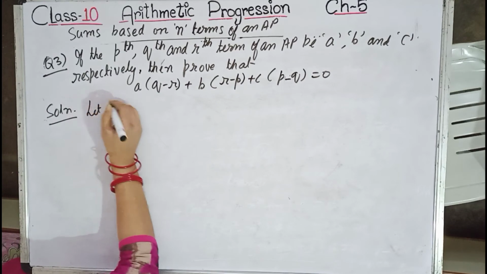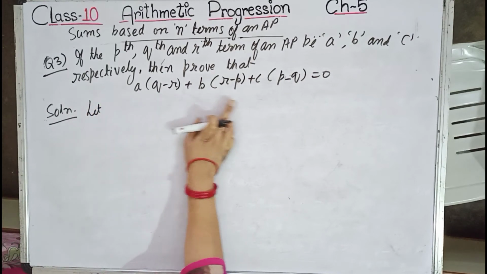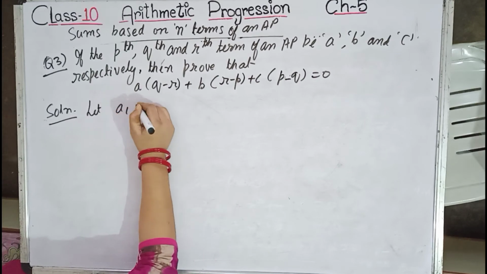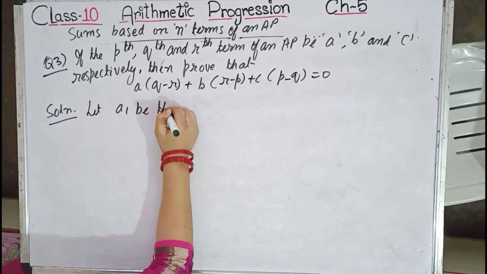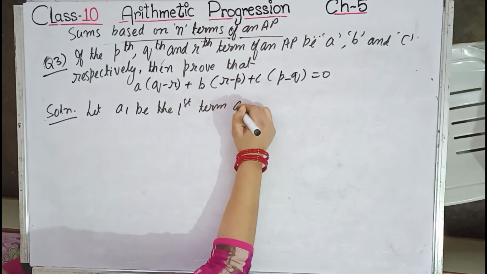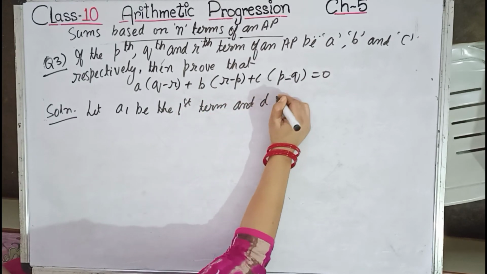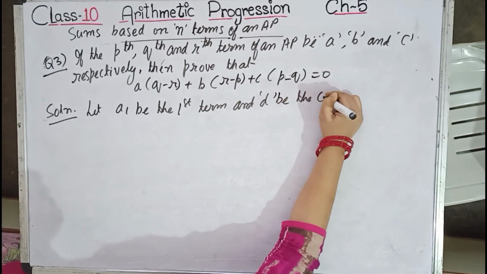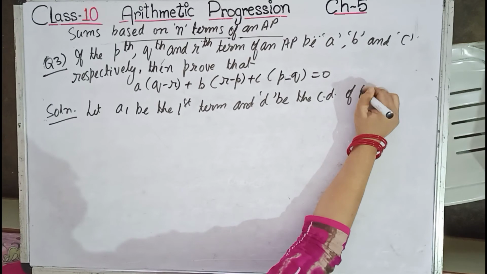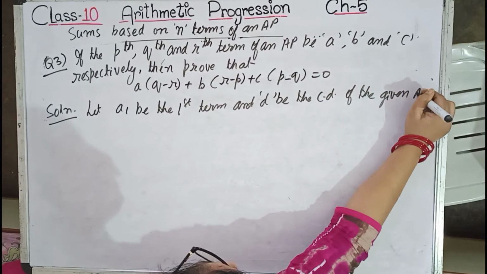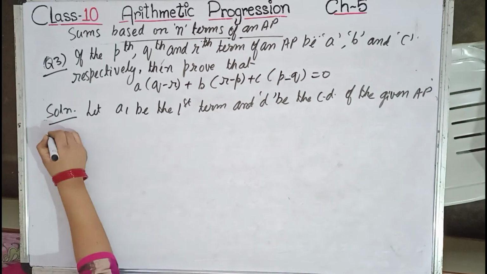So we cannot write a be the first term because a is given over here. So let us write any other thing. Let a1 be the first term and d be the common difference of the given AP.